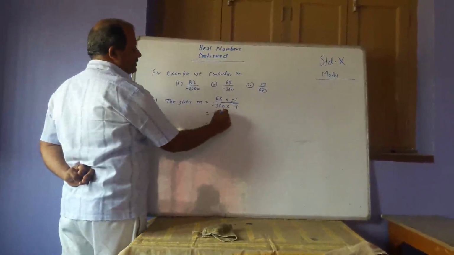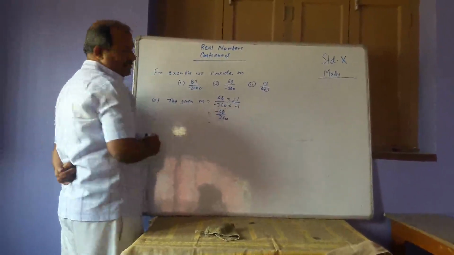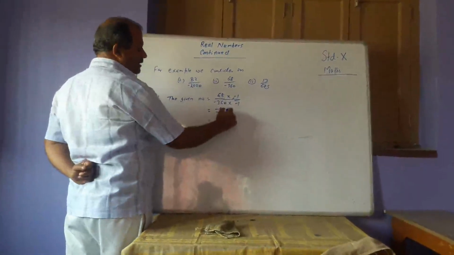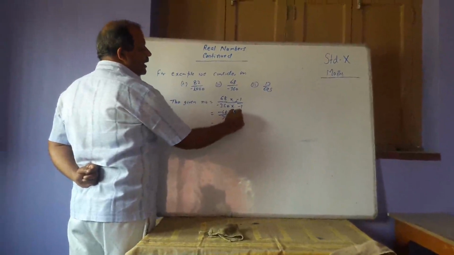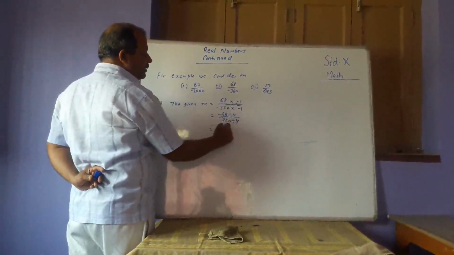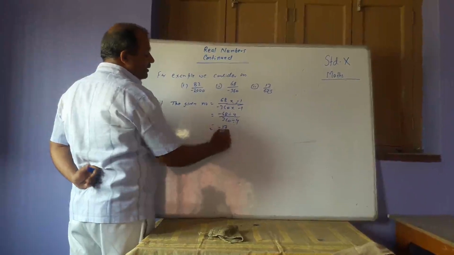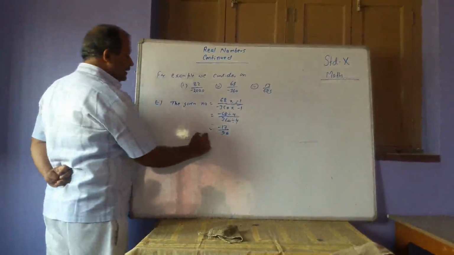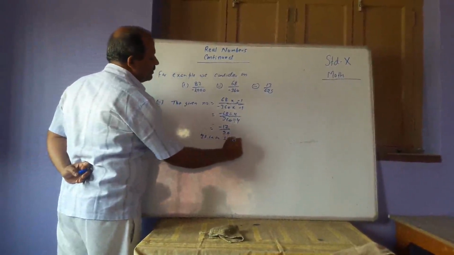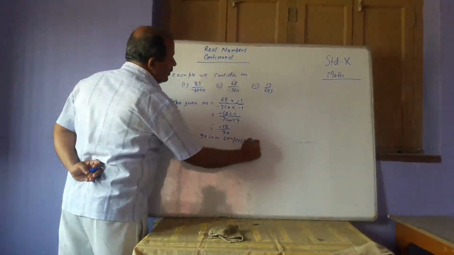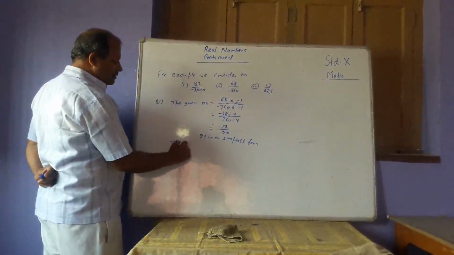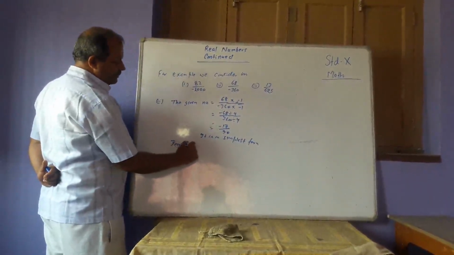It will give minus 68 by 360. When we find the HCF of numerator and denominator, we get 4, and on dividing both by 4, we get minus 17 by 90. It is in simplest form. Now we have to consider its denominator.